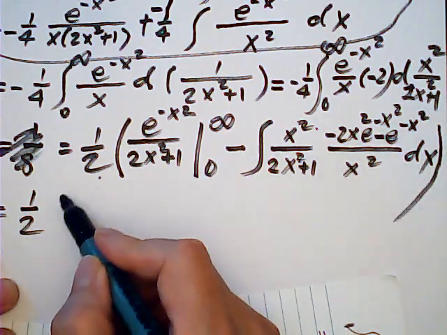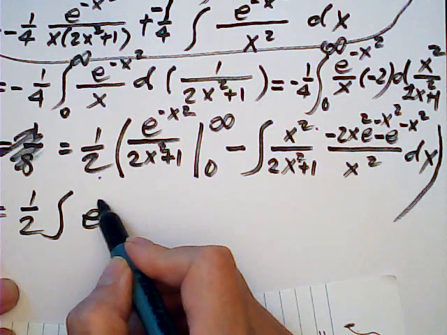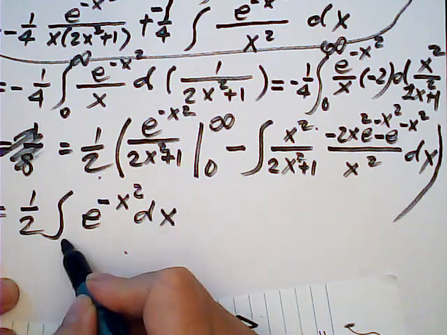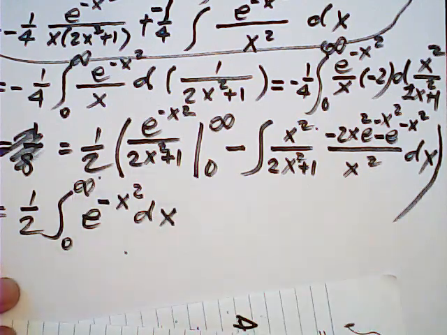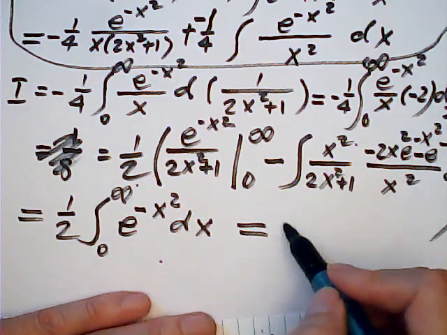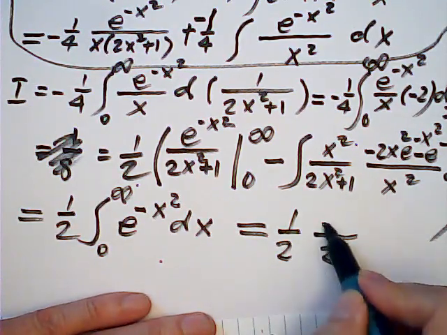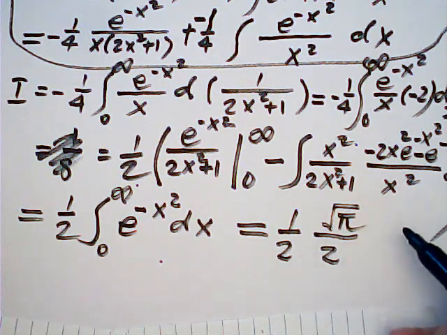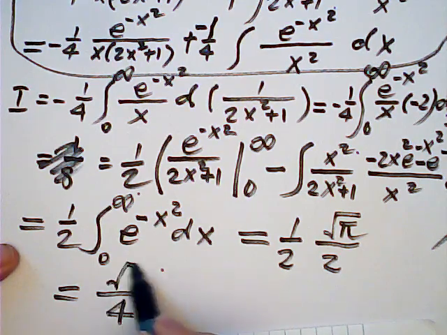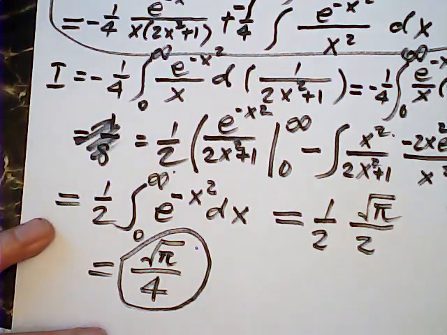This cancels out. We should end up with the integral of e to the negative x squared dx from 0 to infinity. The other one is easy. This is the Gauss integral, 1 plus half square root pi. So at the end there's a 1/4 square root pi. That is the very answer.